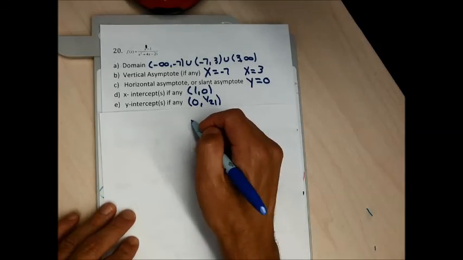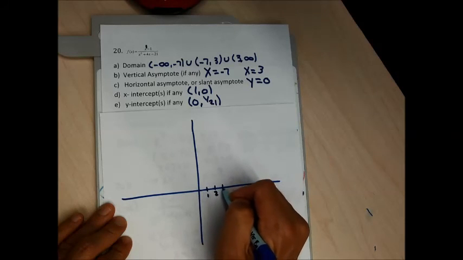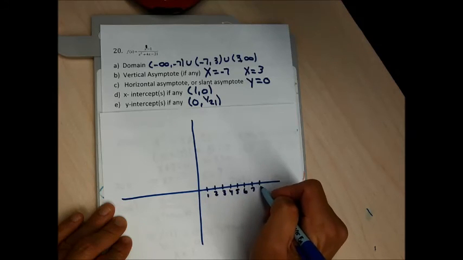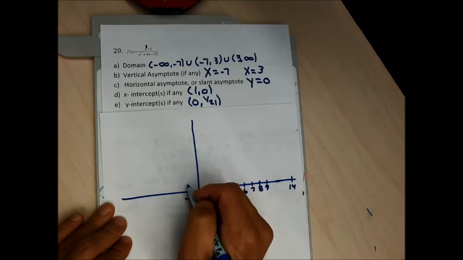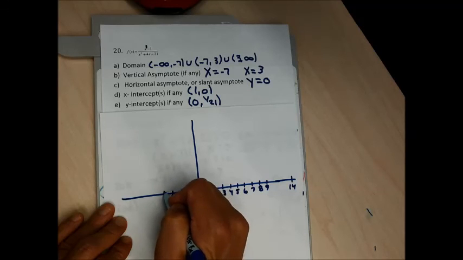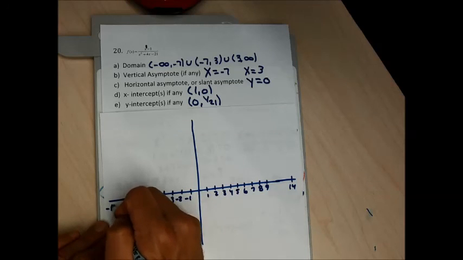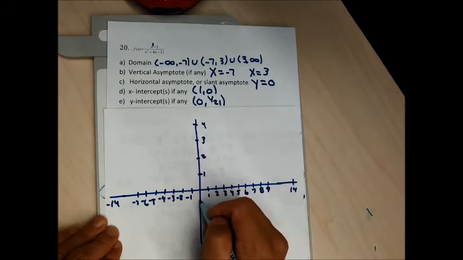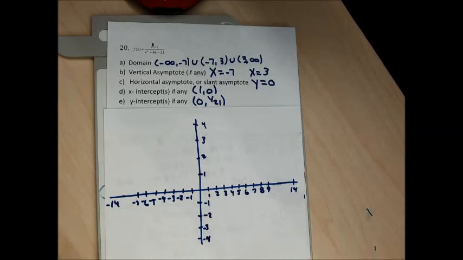So on the test, if this was the test question, you're going to be given a blank graph that has numbers on the axis, and the numbers I put on the x-axis go from negative 14 to positive 14, and the numbers I put on the y-axis go from negative 4 to 4. I probably just played around a little bit and decided that those I can see all the features of the graph. So now I'm going to start drawing all the features that I need to draw.